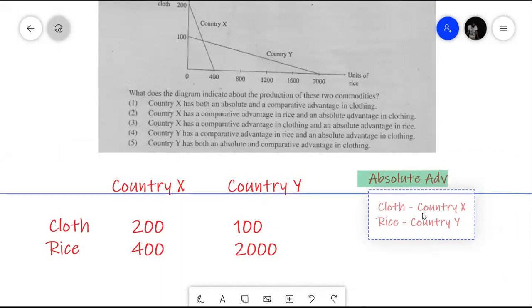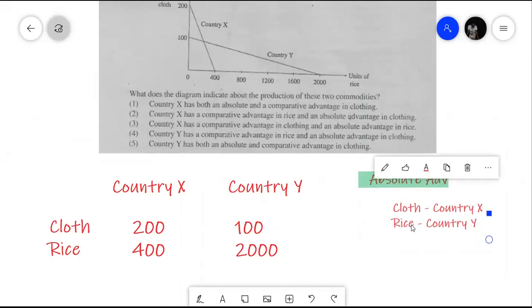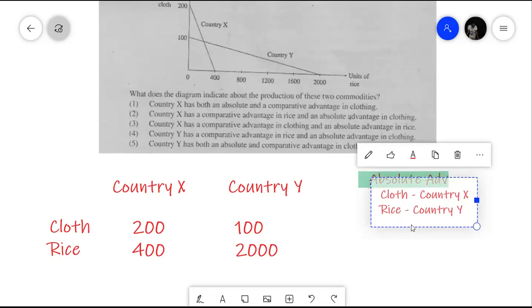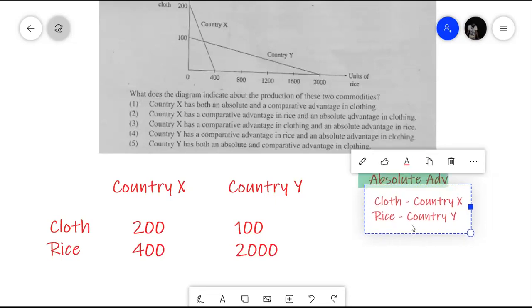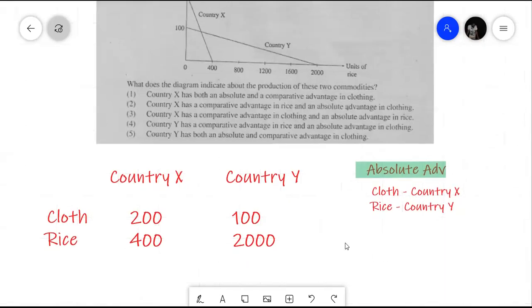In our context, it's nicely split: country X for cloth, country Y for rice. But there are situations where one country has it for both. So don't just assume that because country X has it for cloth, country Y has it for rice. Please check that as well. That's absolute advantage. Then we'll get into comparative advantage.